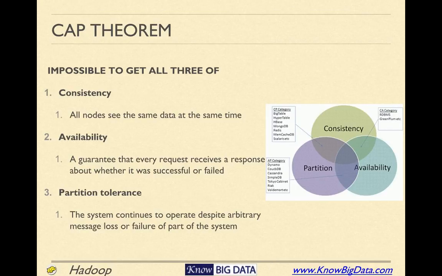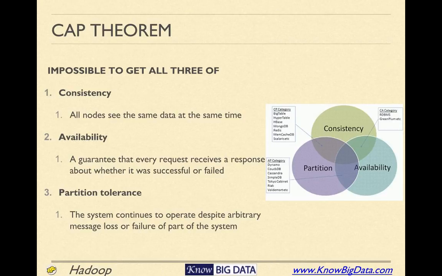Now, why is it so? There was one person called Eric Brewer, who wrote this paper saying none of the databases can provide all three features: consistency, availability, and partition tolerance. So no database in the world can provide consistency, availability, and partition tolerance. That's what the CAP theorem, or Brewer's theorem, says.